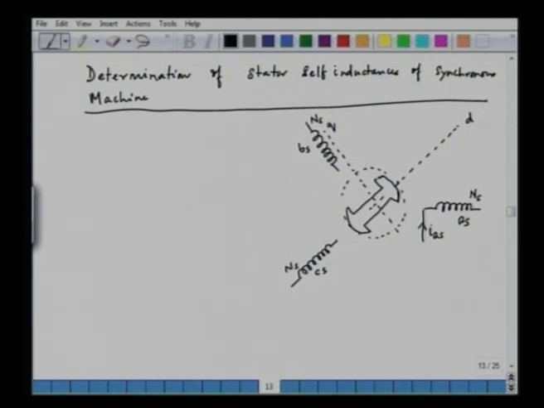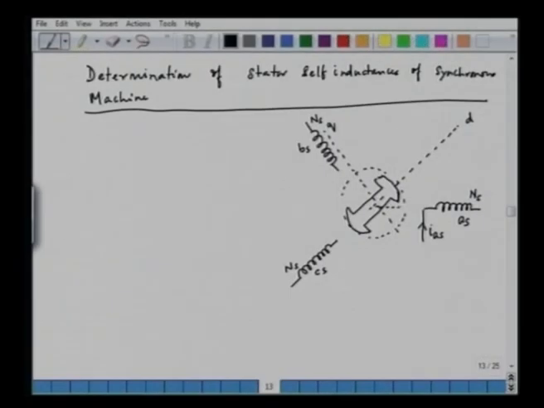So, we can first find out the flux linkage of phase A due to its own current, and if we divide that by the current IAS, we get the self inductance of phase A. Now, this rotor is rotating at a speed of omega r. It is not stationary, and the angle it makes with the phase A is theta r. This is the phase A, and this angle theta r is the rotor angle.